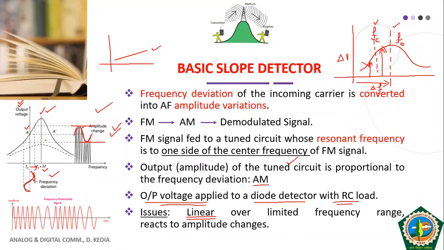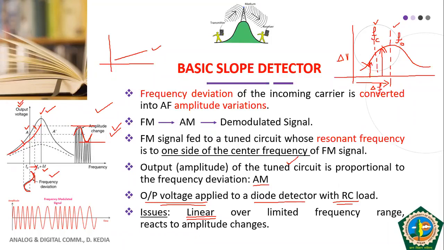But if you see carefully, my resonant curve is not a straight line, it is following a curved path. And on this curved path, there is only a very small portion that can be approximated to a straight line.